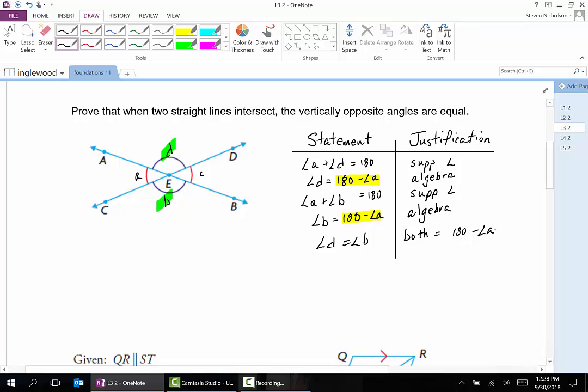I mean, 180 is a number, but it's a relationship. We haven't used specific angles. We've just used the ideas that we've been learning. And finally, our last statement is always what we want to show.